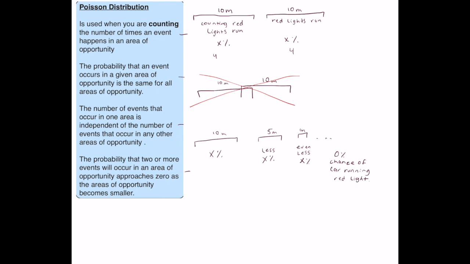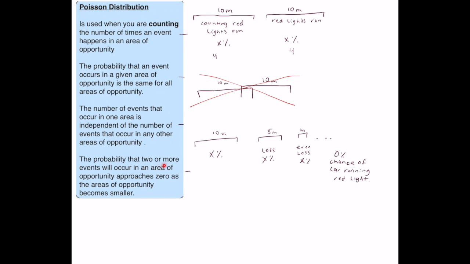Then the number of events that occur in one area is independent of the number of events that occur in any other areas of opportunity. So the 4 cars or 3 or 5 cars that run a red light in the 30-minute time period does not overlap at all with the next time period. There's no overlap in each area of opportunity.